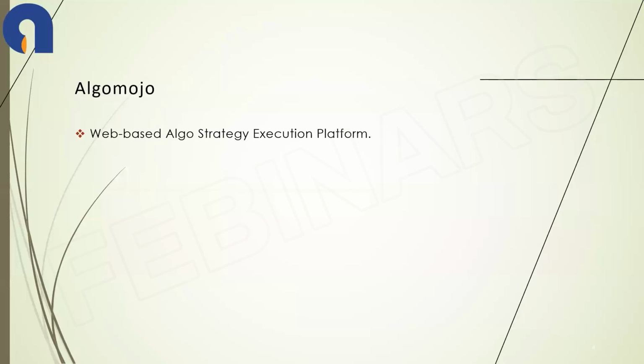Briefly, as I was mentioning, it's a web-based execution platform. We don't have any app for the phone or for the PC platform. It is designed to help traders automate their strategies.